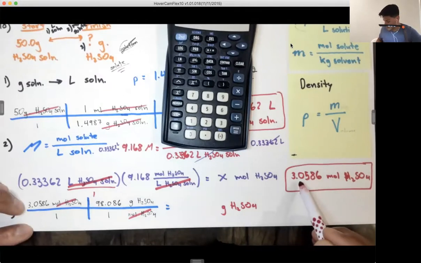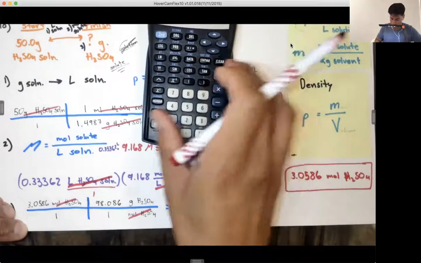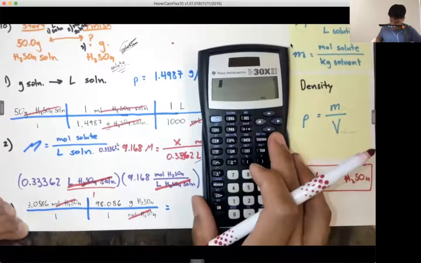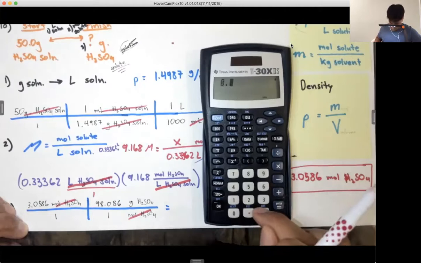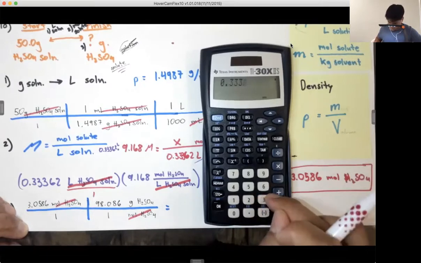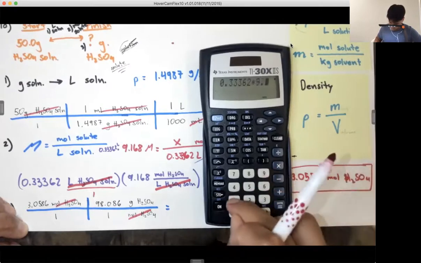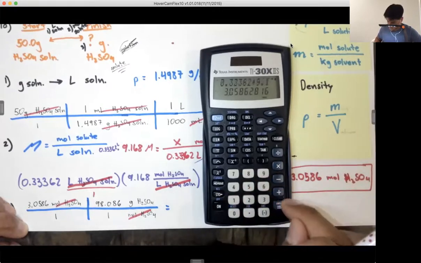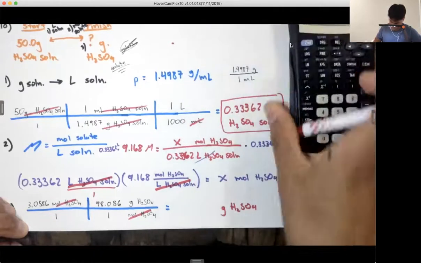It is not 3.0586 moles. Let's rewrite that. 0.33362 times 9.168, and I'm still getting the same thing. So I messed up here.